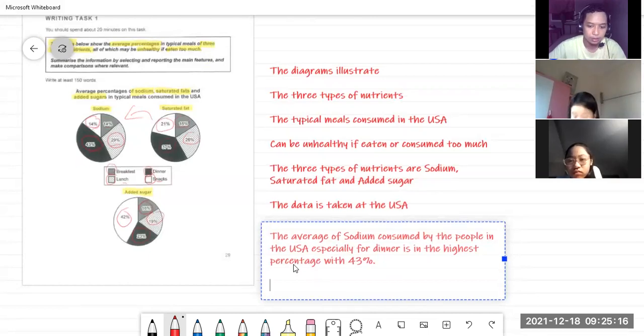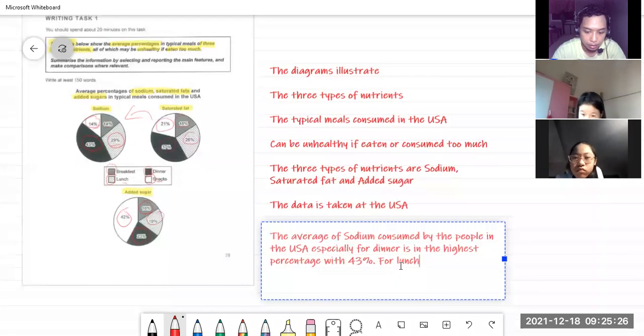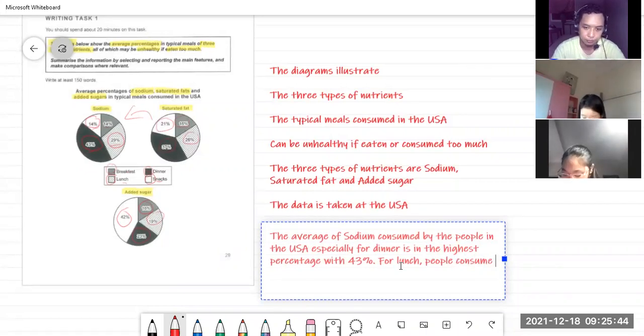Okay, for lunch, people consume sodium. How much? 29%.